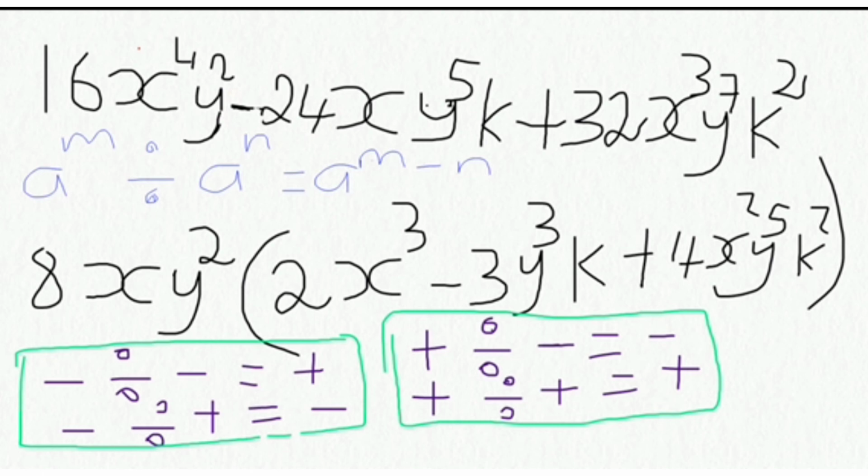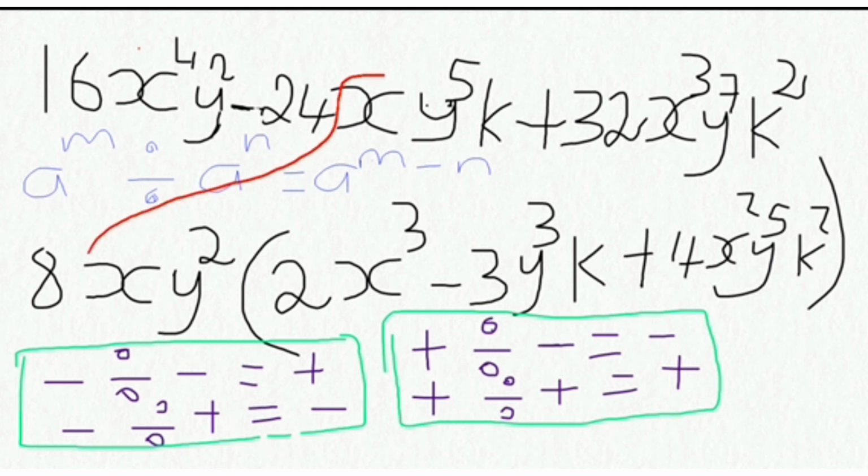A negative divided by positive, what is that? Negative divided by positive, the answer is always negative. That's why I've written my negative already there. And what is 24 divided by 8? 24 divided by 8 is equal to 3.